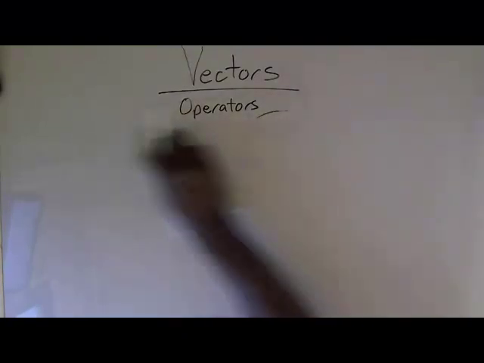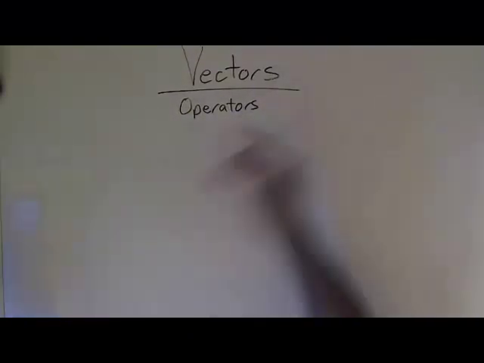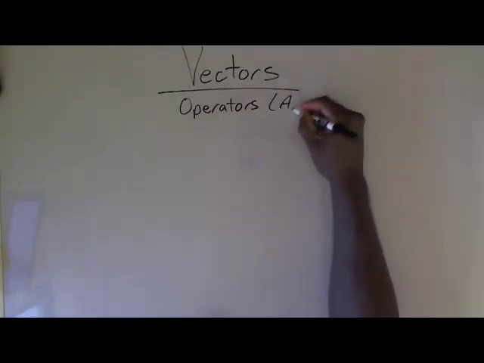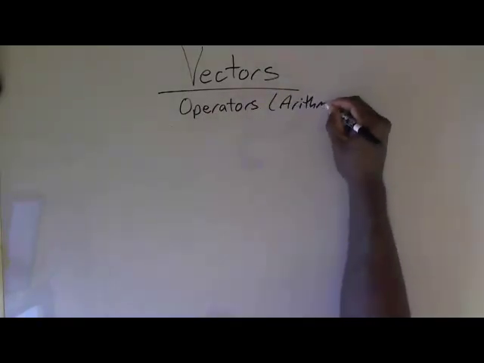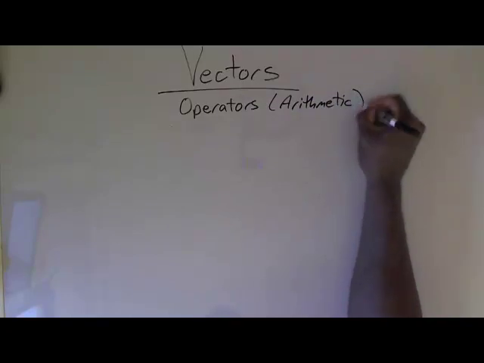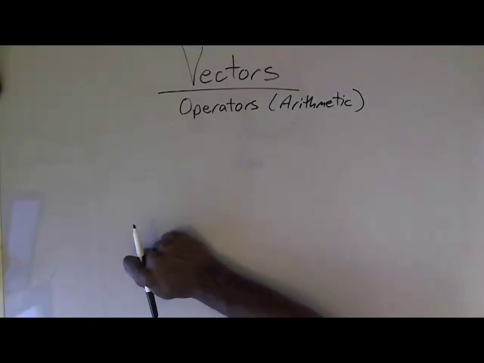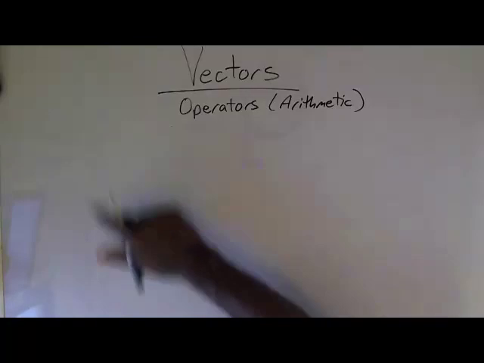So let's deal with those, and let's keep our titles right here. Arithmetic. So we're going to be doing addition, subtraction, multiplication, and division of vectors, which are fairly straightforward, but there is a little caveat there.